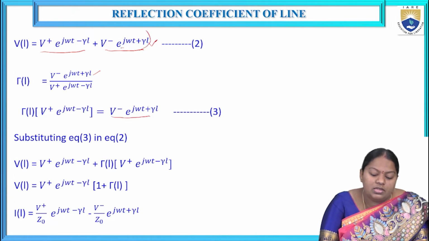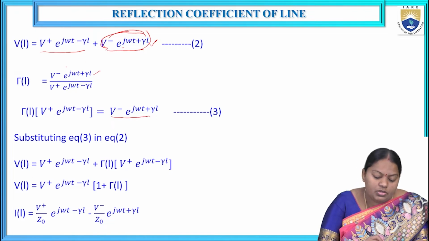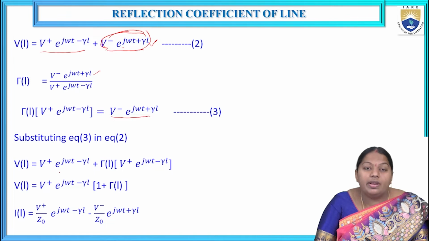So in place of this, if we substitute gamma of L into V plus e power j omega t minus gamma L, then V of L equals the forward traveling wave magnitude and phase function, V plus e power j omega t minus gamma L, plus V minus e power j omega t plus gamma L, where we are substituting gamma of L into V plus e power j omega t minus gamma L.